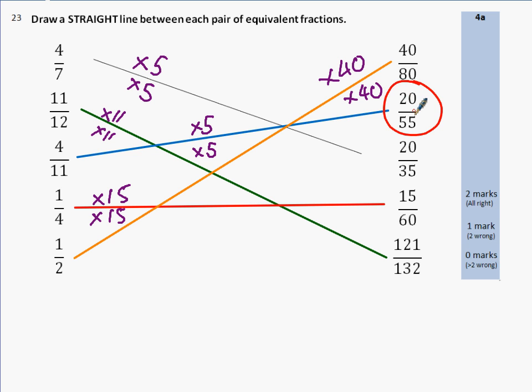And you can't do it with 20 over 55. You couldn't do it with 15 over 60 either. The only one you could do it with was that one. 4 over 11, times them both by 5, you get 20 over 55. It's the only one that it works with. 1 over 4, times them both by 15, and you get 15 over 60. And then 1/2 is equivalent to 40 over 80, because they've both been times by 40.